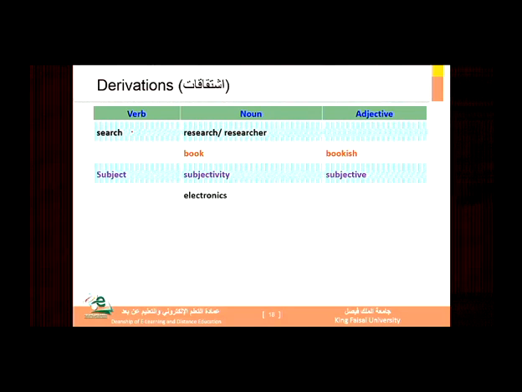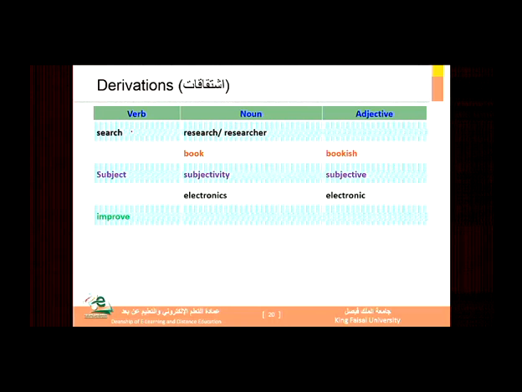The word electronics is a noun as it is used in here in the book, while the adjective from electronics is electronic. So electronics is the noun, electronic is the adjective. The word improve, which we have seen in the book as well, on basically home improvement products.